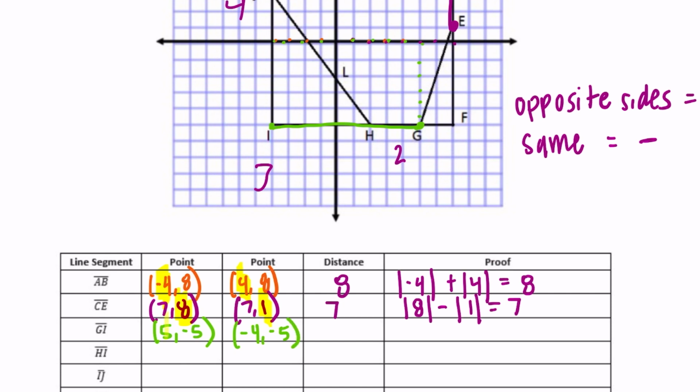So they are different, 5 and negative 4, and they're on opposite sides, which means we're going to add them. So the absolute value of 5 plus the absolute value of negative 4. 5 plus 4 is 9.